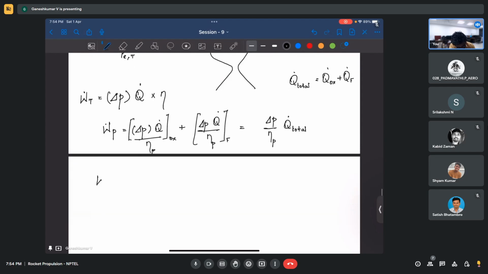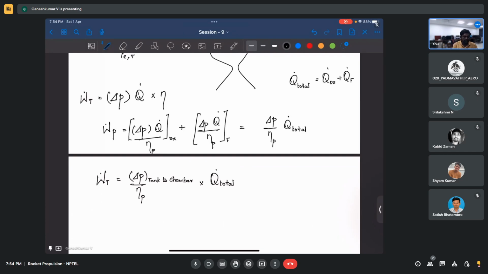So we know the work done by turbine should be equal to delta P by eta P, from tank to chamber, times total volume flow rate. This is the work that should be delivered by the turbine.